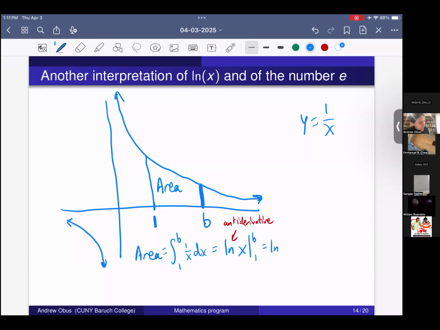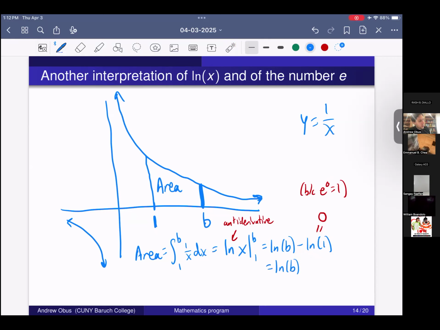That's going to be ln of b minus ln of 1. But what's ln of 1? Any log of 1 is always 0, because e to the 0 equals 1. Remember, ln is asking what power do you need to raise e to in order to get a number? We need to raise e to the 0 in order to get 1. That means ln of 1 is equal to 0. So what this leaves us with is just ln of b.